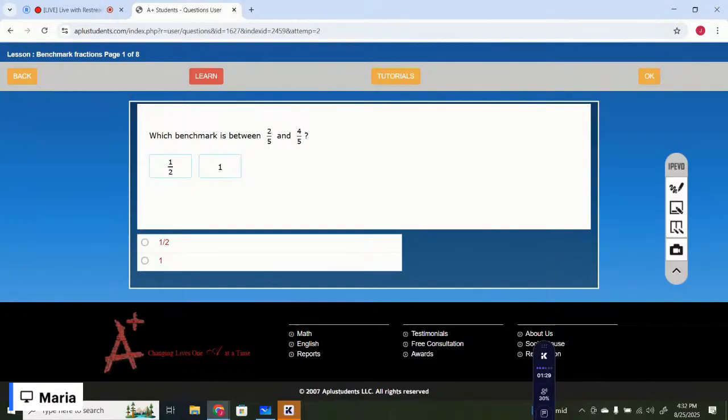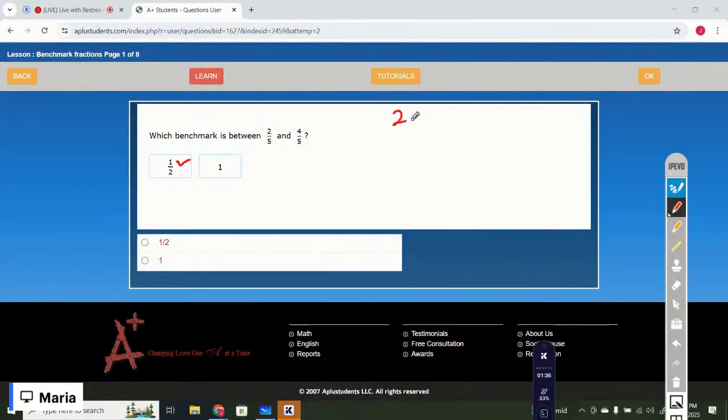Now let's see if that is 1 by 2. So 2 by 5, let's compare it to 1 by 2. So this is 2 by 5 and this is 1 by 2. So 2 by 5 is less than 1 by 2, right?